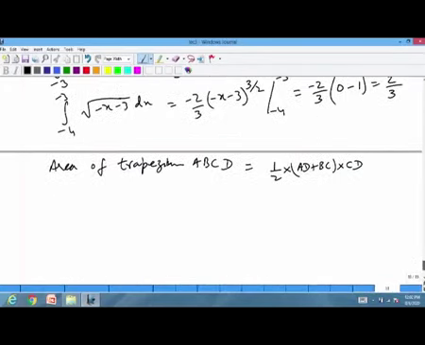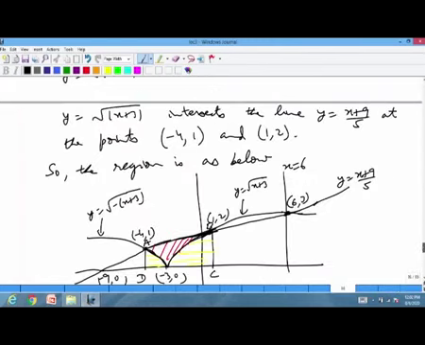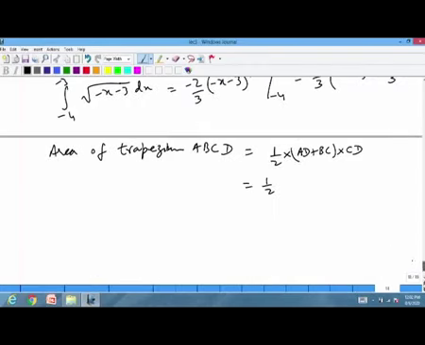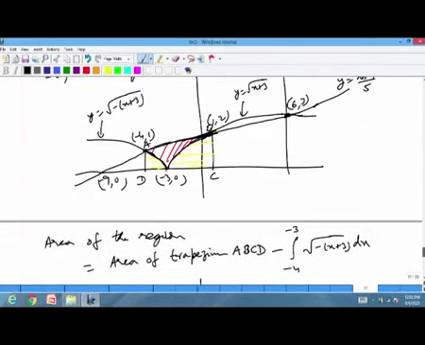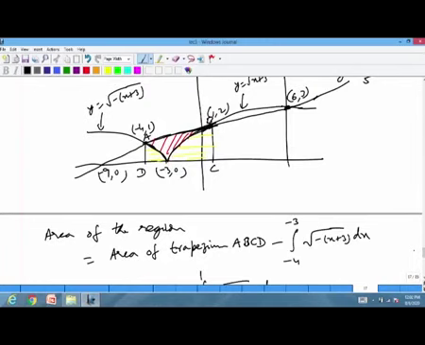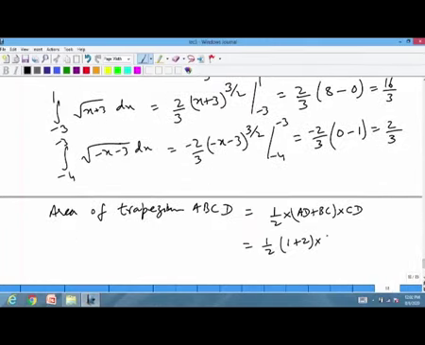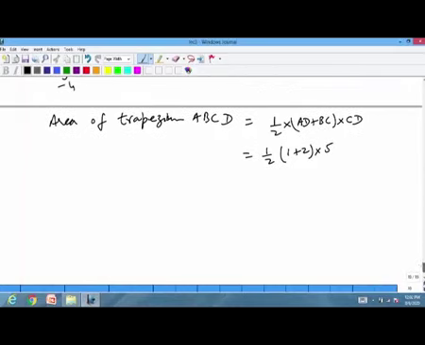So, this is equal to half, AD is equal to 1, BC is 2, 1 plus 2, and CD is equal to 1 minus minus 4. So, that is 5. So, this is equal to 15 by 2.